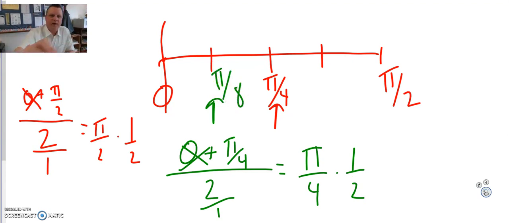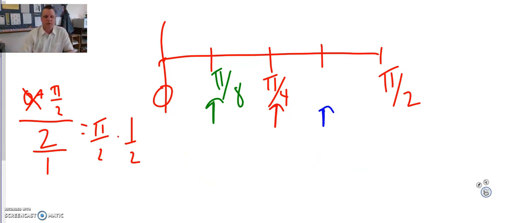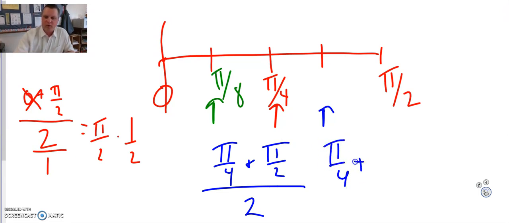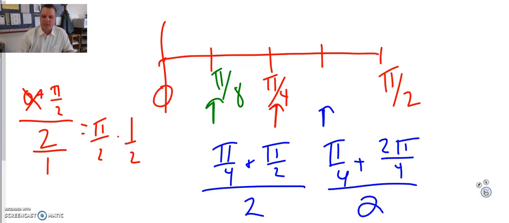And then to find the last one, it's kind of tricky. Hold on just a second. I'm back. All right, so to find the blue one, we would do pi over 4 plus pi over 2 all over 2. It gets a little tricky here because we have pi over 4 plus 2 pi over 4, because we have to have a common denominator.